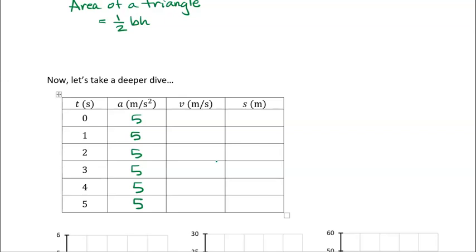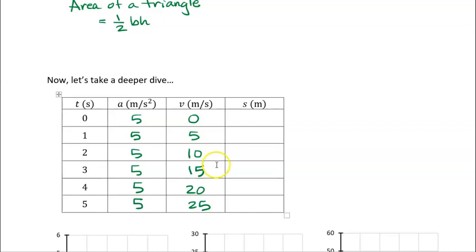The velocity started at 0, and we're accelerating at 5 meters per second every second. So after the first second, we'll be going 5 meters per second. We go for 1 more second, and our speed will have increased to 10, because we're just increasing by 5 meters per second every second. So I'm just going to add 5 to the velocity for every second: 15, 20, and 25. All right.